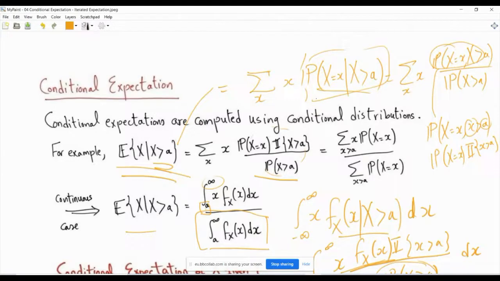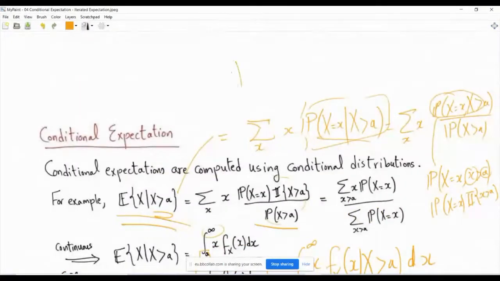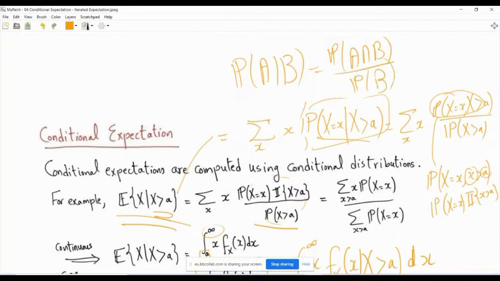So it's our very old friend, for two events A and B, the probability of A given B is the probability of A intersect B divided by the probability of B. Because you're conditioning here, by the definition of conditional probabilities, you have in the denominator the probability of X greater than A. Okay, so again, follow your nose, just apply the definition.